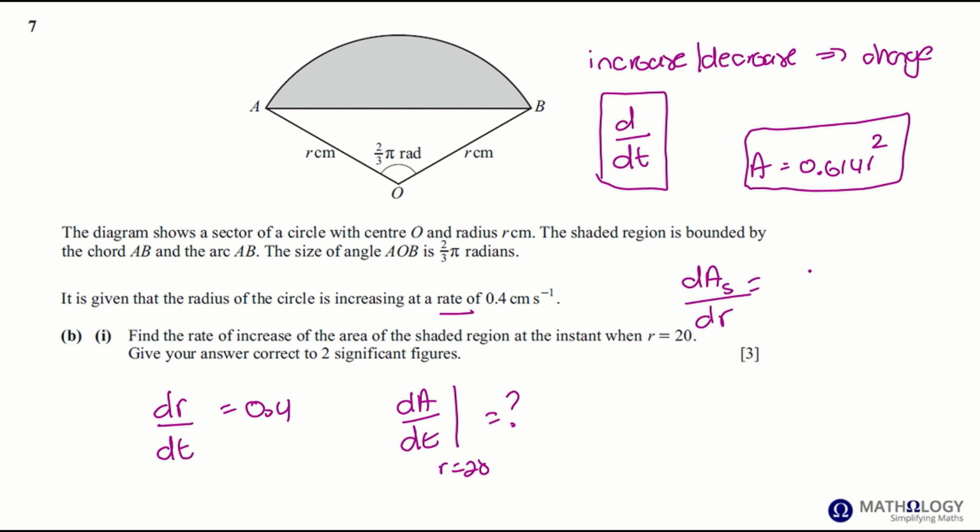So dA dr will be 0.614 times 2, which is 1.228 r. Now we're going to relate these three differentials together.